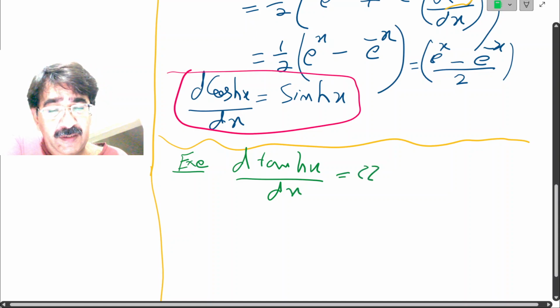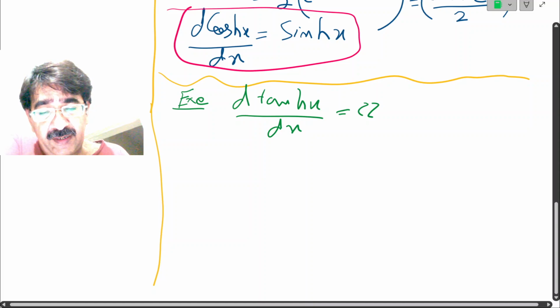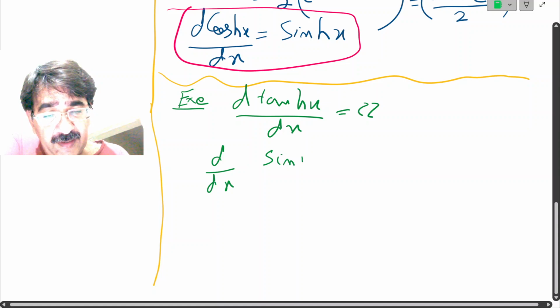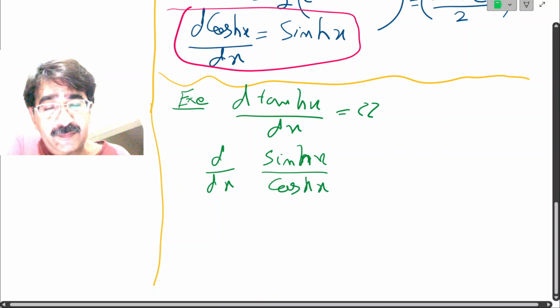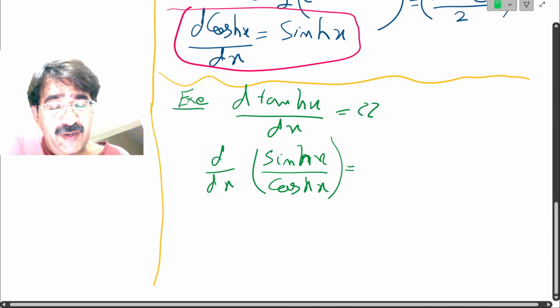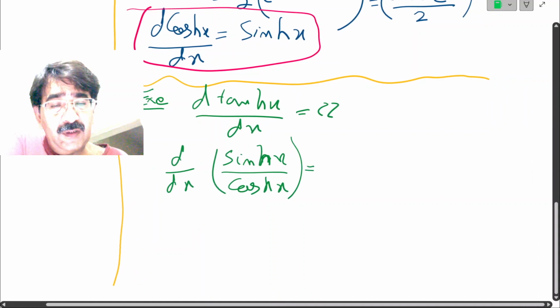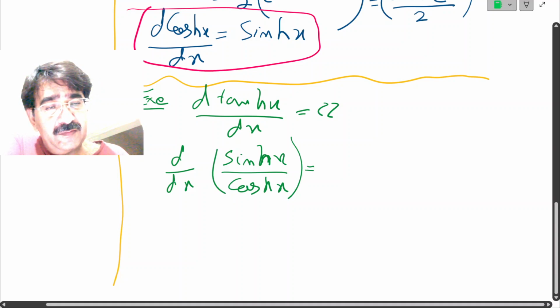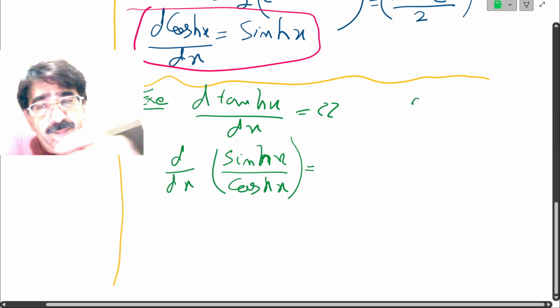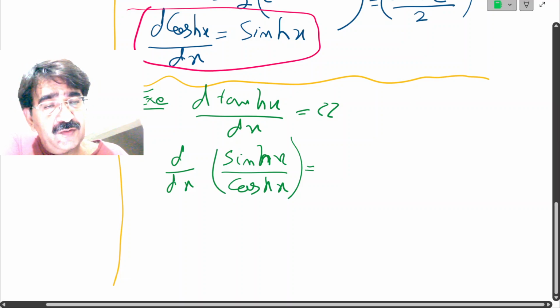What is that? As we know that tan is sine hyperbolic x divided by cos hyperbolic x, and by applying the quotient theorem.